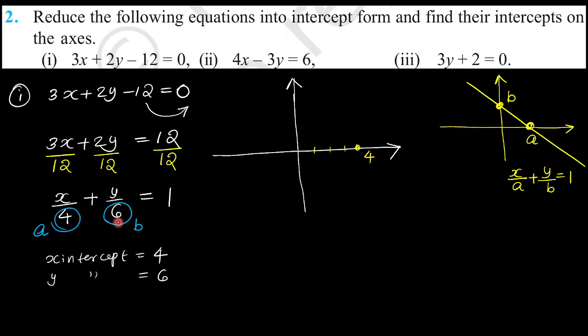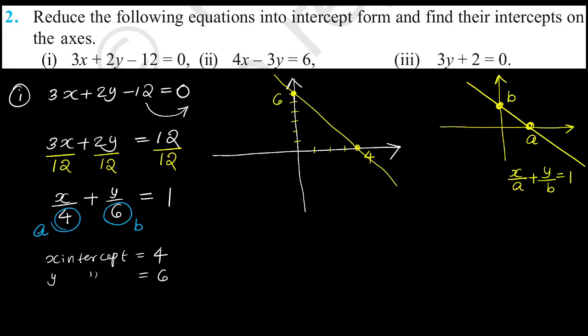Y-intercept 6 means the line cuts y-axis at 6. 1, 2, 3, 4, 5, 6. This is a rough graph, okay? X-intercept 4 and y-intercept 6. So the benefit is this. If you express in intercept form, you can draw the graph easily.